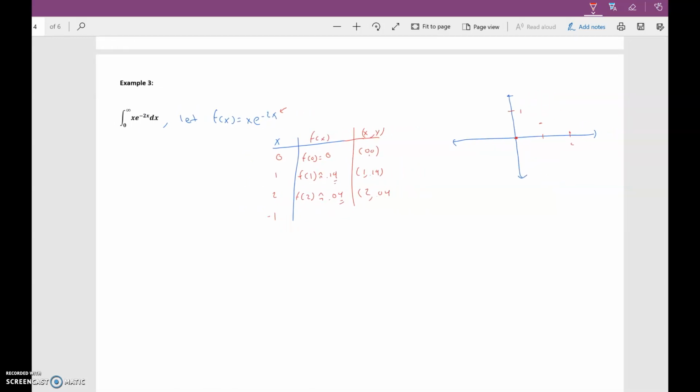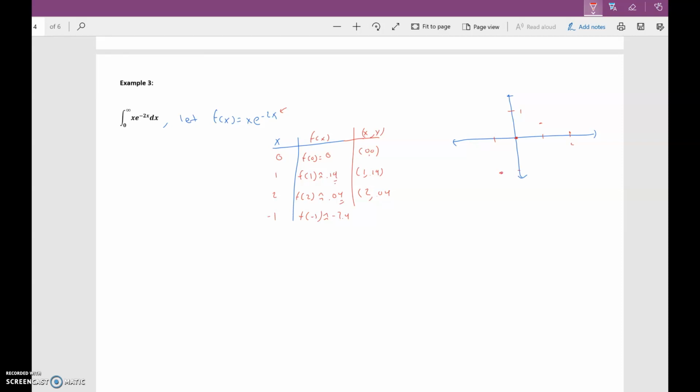Let me plug in a negative value, f of negative 1, just to see the behavior. We don't need it, but we just want to see what the function is doing. I'm getting negative 7.4. So at negative 1, it's coming from way out here, not to scale though.